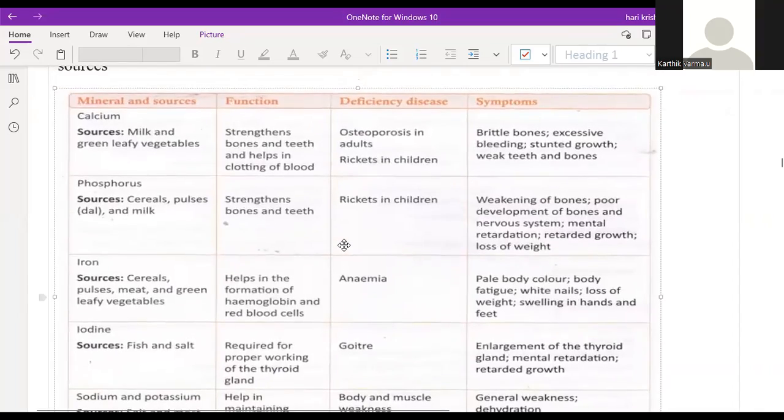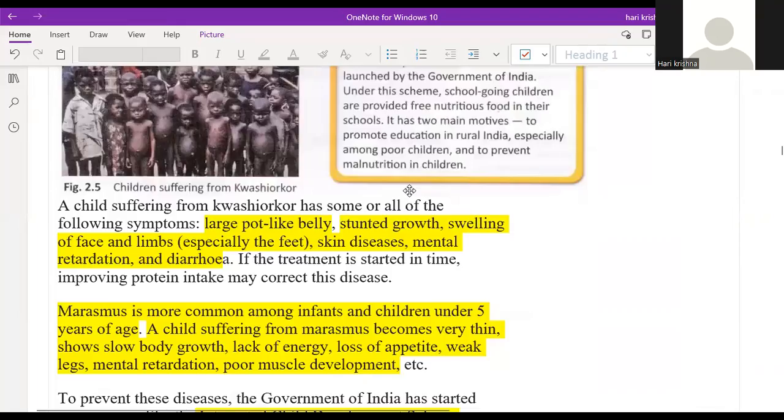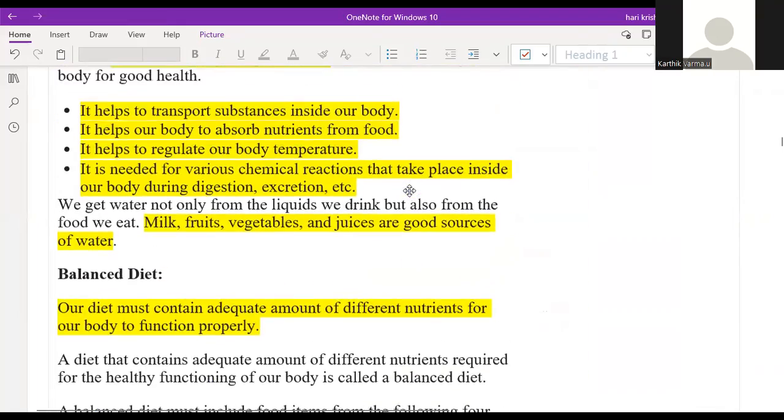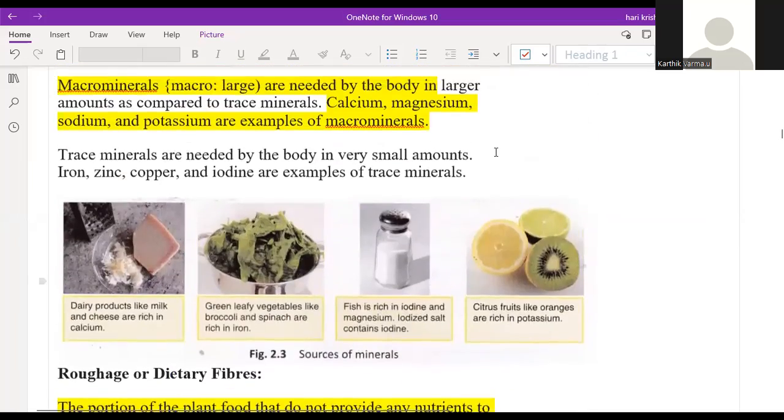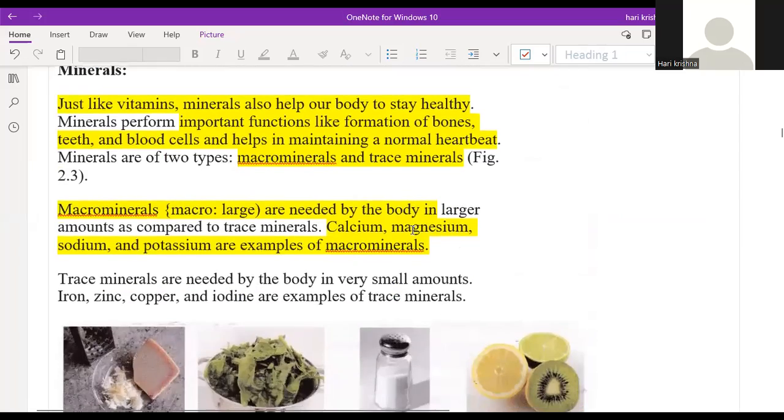Before studying this mineral tabular column, we'll first study the classification of minerals. Minerals are of two types: macro minerals and trace minerals. What is the main function of minerals? Just like vitamins, minerals help our body to stay healthy.